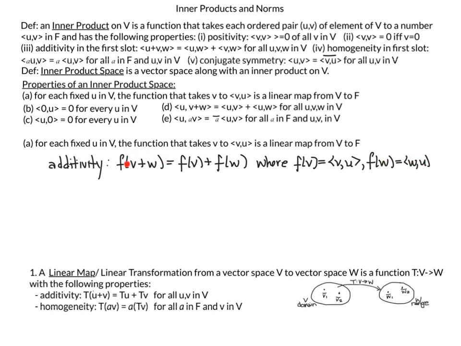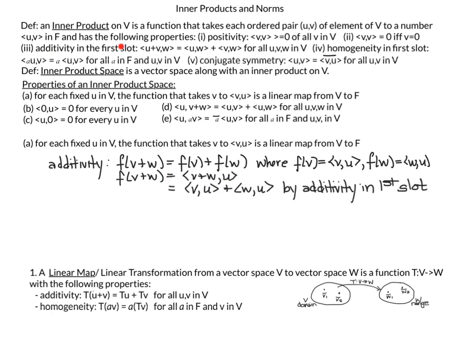So f of v plus w is the inner product of v plus w with u. So let's start writing that down. Working with this left-hand side, f of v plus w is the inner product of v plus w with u.